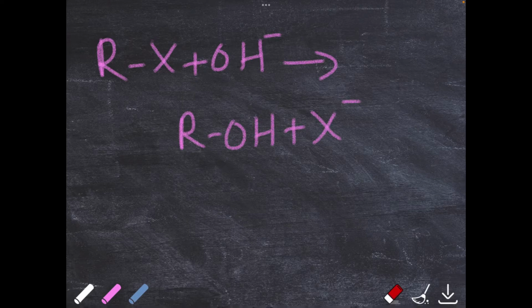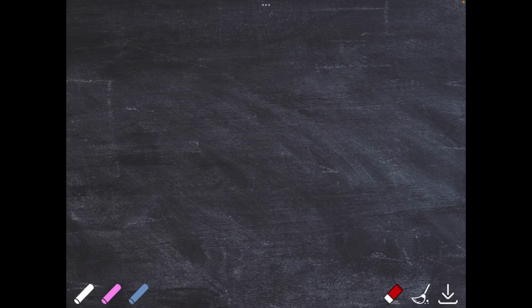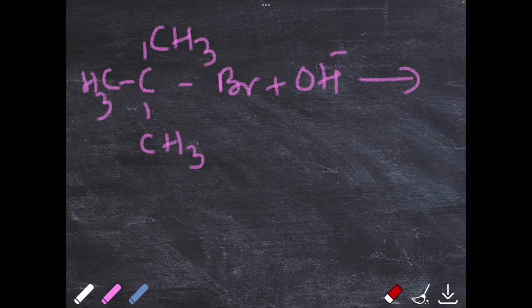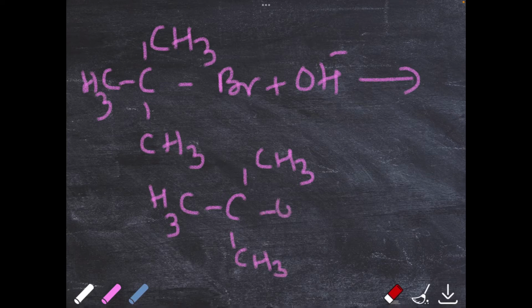We can write this also as, let's say we have tertiary butyl bromide plus OH minus gives you tertiary butyl alcohol plus X minus.